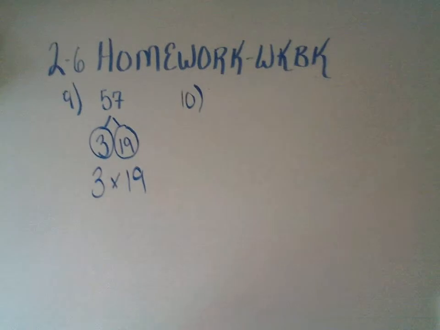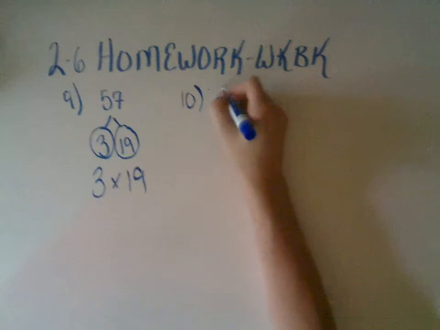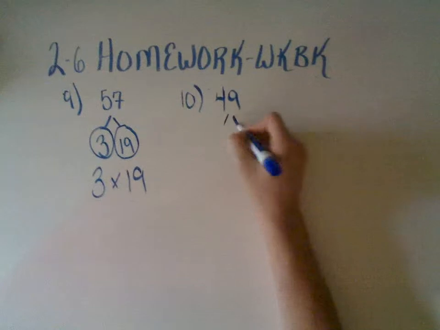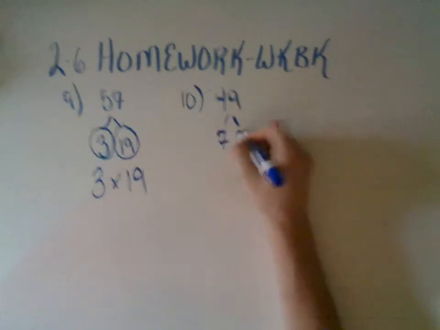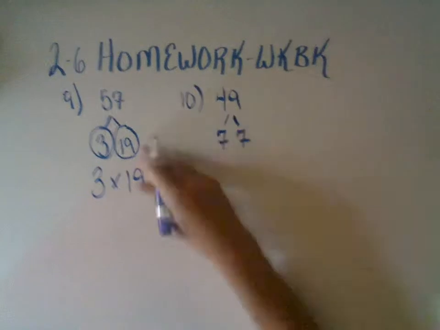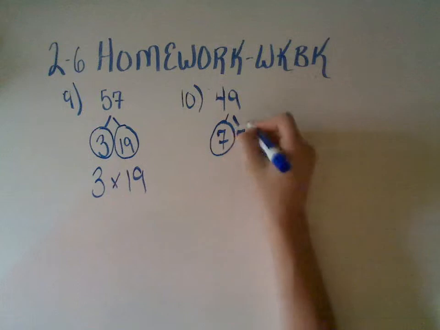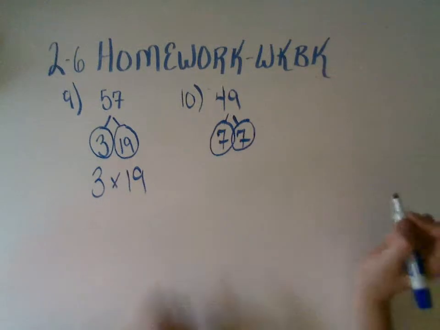Now we'll contrast that with number 10, 49. And 49, again, not a lot of options here. You're going to have 7 and 7, which doesn't look any different than the last question. Both are prime numbers. The only way to make 7 is 1 times 7. But what's going to look a little bit different is how I write my answer.